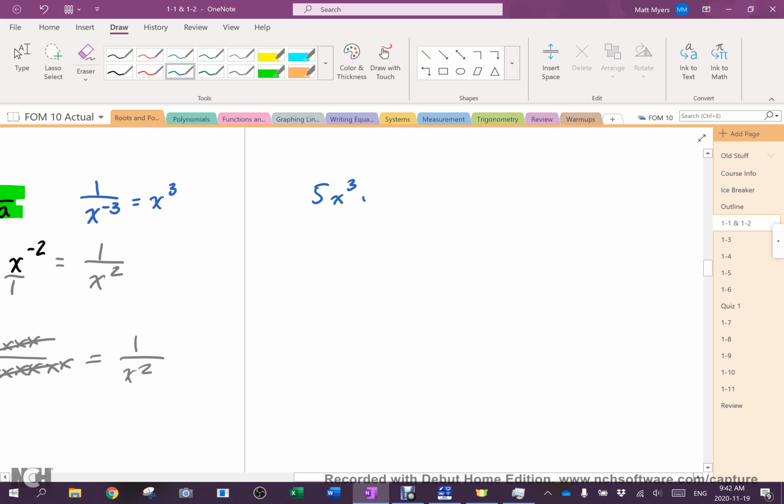5x cubed y squared times 3x squared y cubed, all squared. More than one way to start this. But this one's really tricky because there actually is only one way to start this. But then after that, there's lots of things you could do.